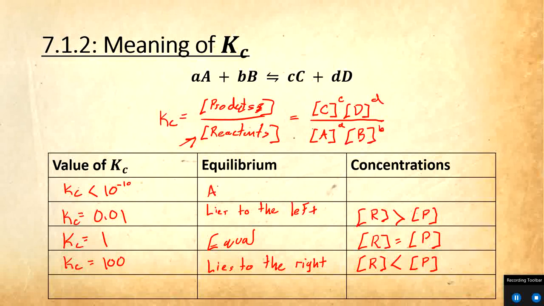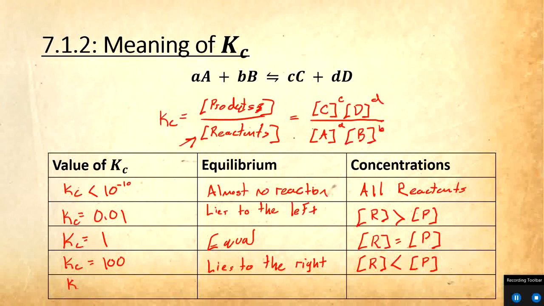So we say almost no reaction occurs in this case. And we have mainly all reactants present. Very, very few products would be present at equilibrium because it doesn't really go forward with this equilibrium.